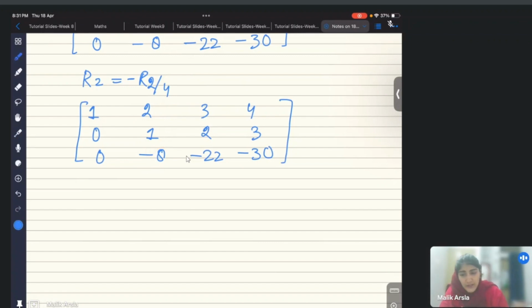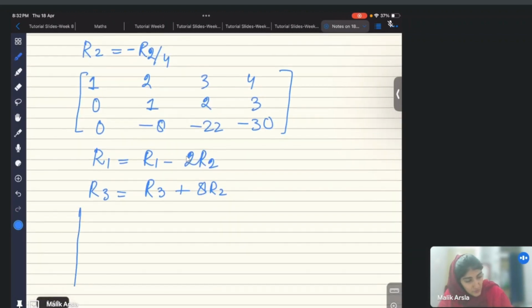So I'll do again two row transformations here. First is R1 equal to R1 minus twice R2, and R3 will be R3 plus 8 times R2. So the first row will be 1, 0, minus 1 and minus 2.